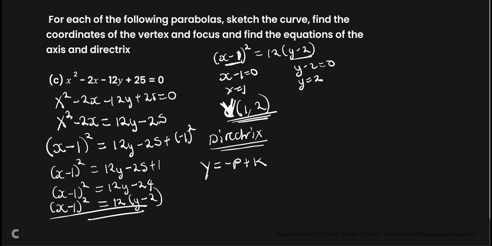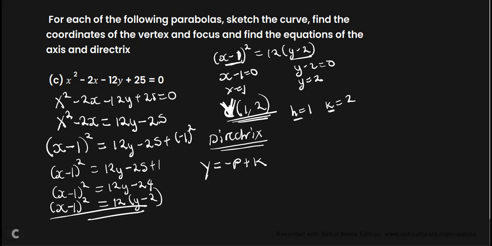From there, the next thing is we need to find the value of p. The value of h is 1, then k is 2. h is in the x-axis and k is in the y-axis.